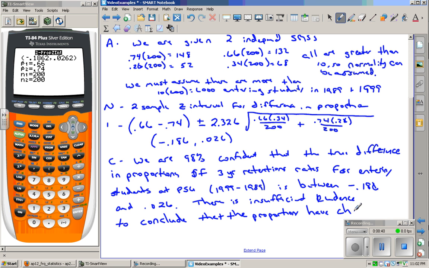And the reason I can say that is because the difference of 0 is included in my interval. So therefore, it is quite possible that there is a 0% difference because it's in my interval. So we would say that there's insufficient evidence to conclude that the proportions have changed.